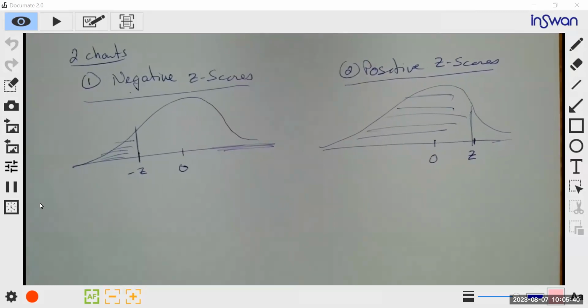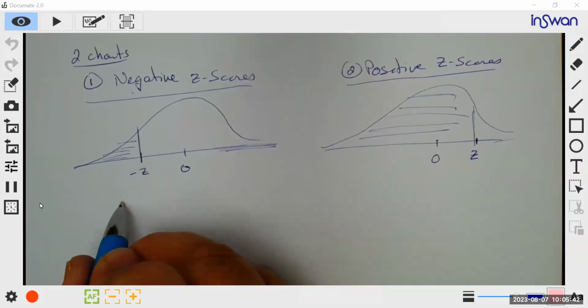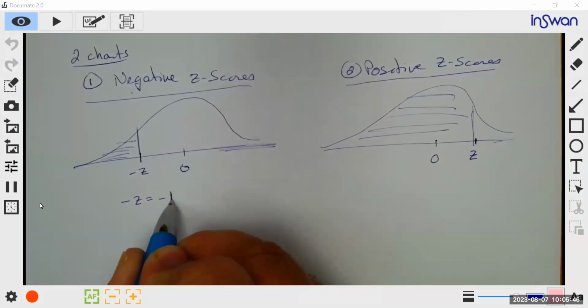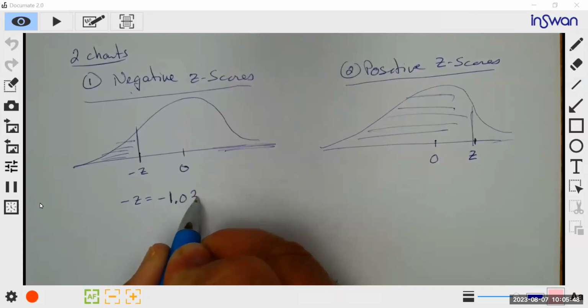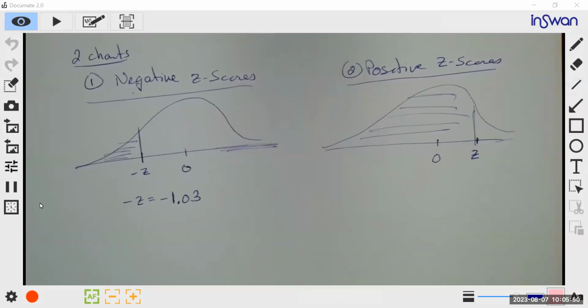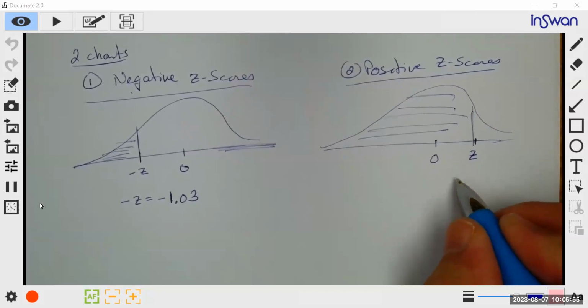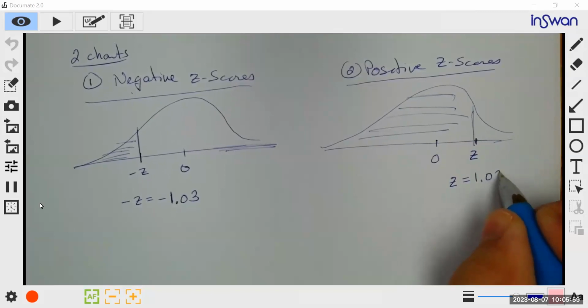Because what you're going to see in your chart, let's just say that for the first one, our z value was negative 1.03. And for this positive one, let's do the positive 1.03.